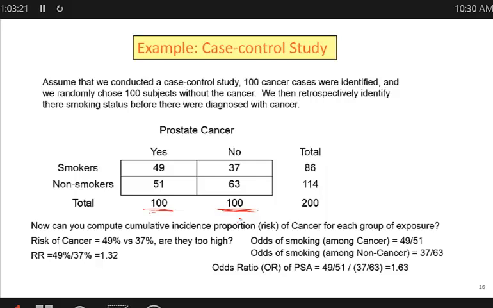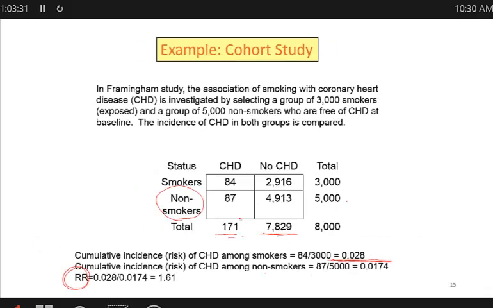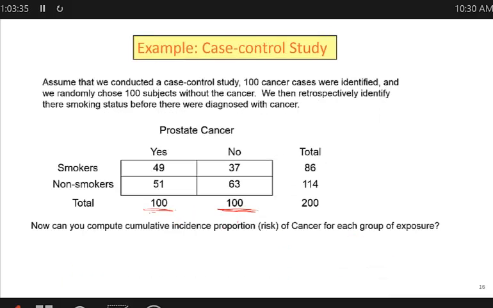Isn't it amazing? This odds ratio is actually very close to the risk ratio you had in the previous cohort data. I changed this label to prostate cancer, but this should actually be the same thing, because I generated this 2x2 table by assuming the same probabilities from the previous table.